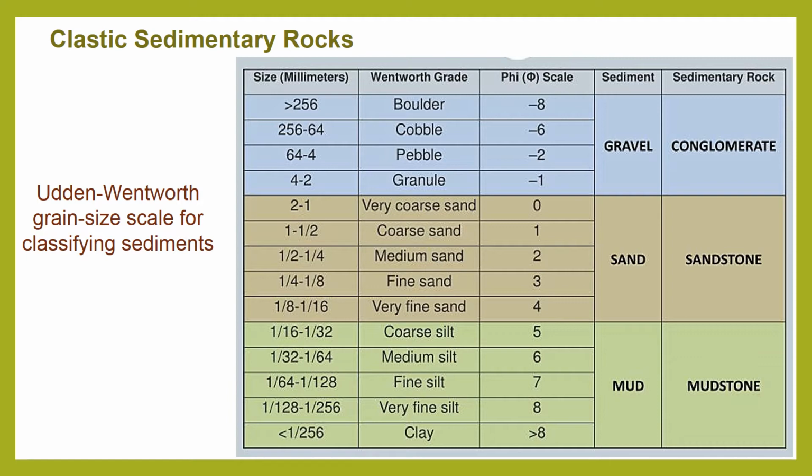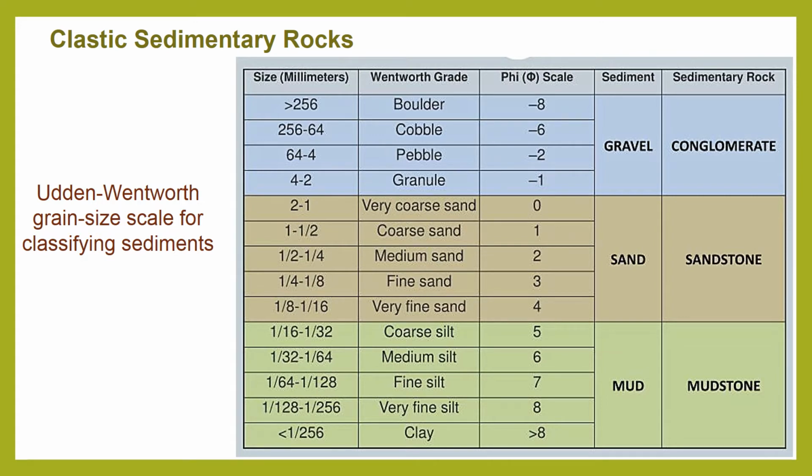about the grain size of each type of clastic sedimentary rocks, starting from boulders, cobble, pebbles, granules, coarse sand, medium sand, fine sand, till you go down to clay. On the left column you will see the size in millimeters for each type.